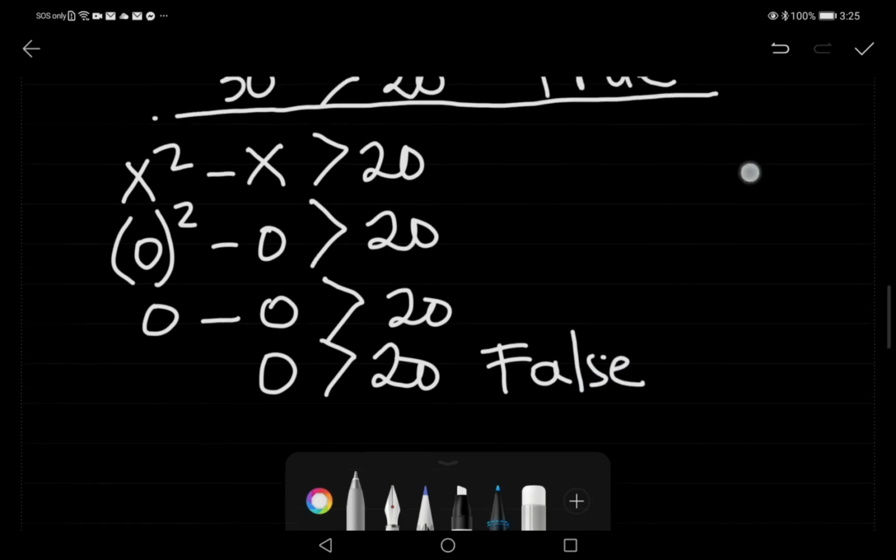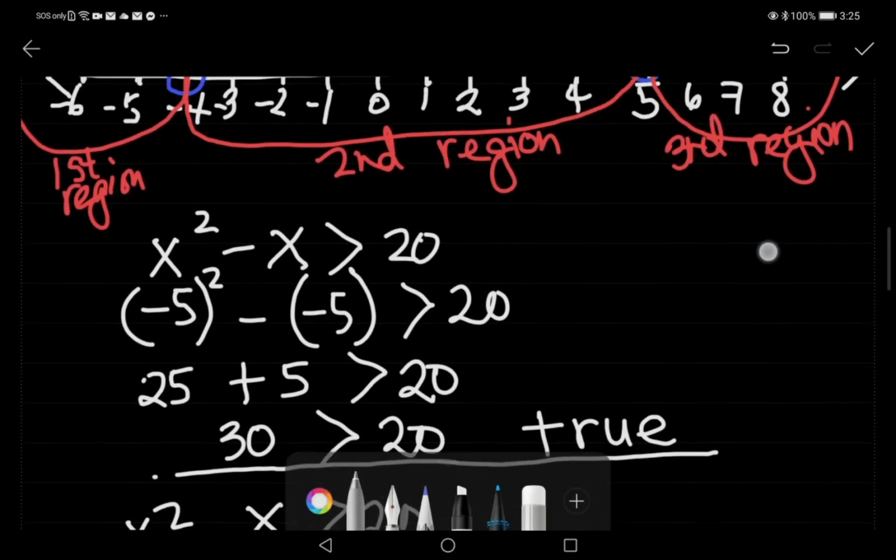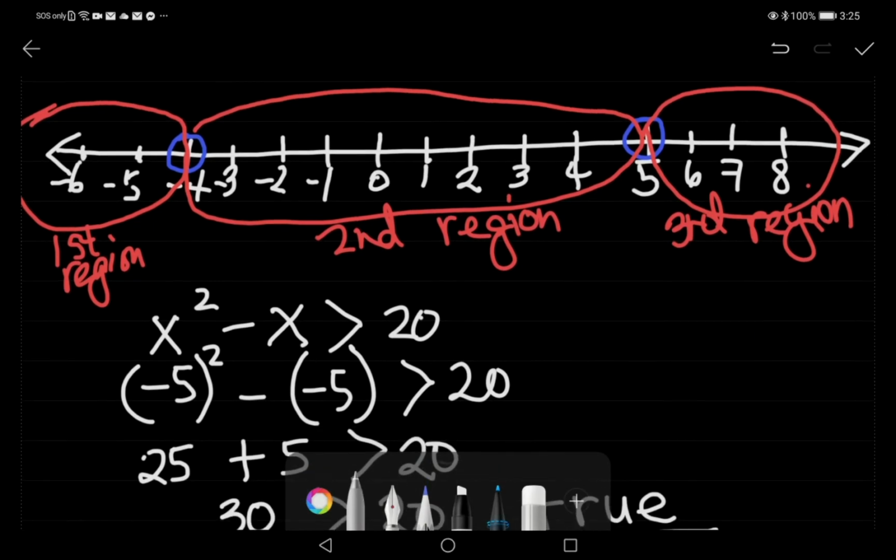And then we will test again the third region. So mapili lang ta, pwedeng 6, pwedeng 7, pwedeng 8. So pili ta og 6. We will try 6.